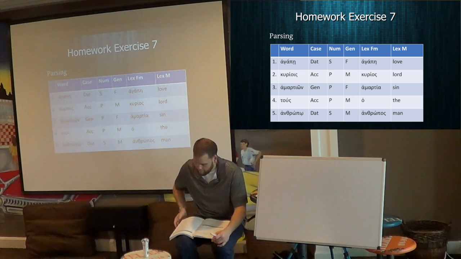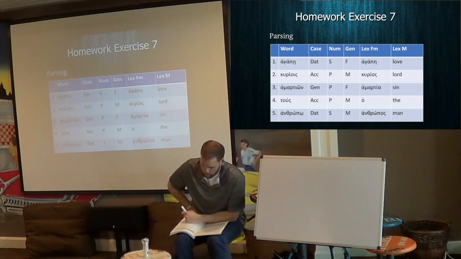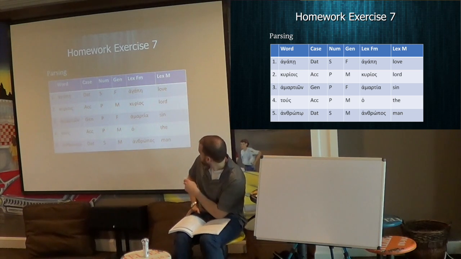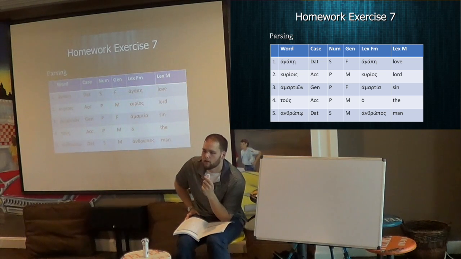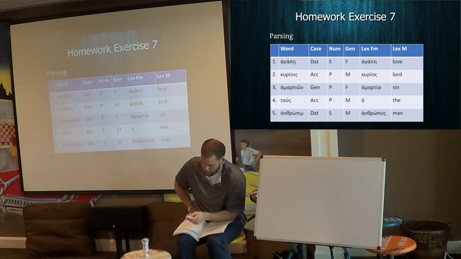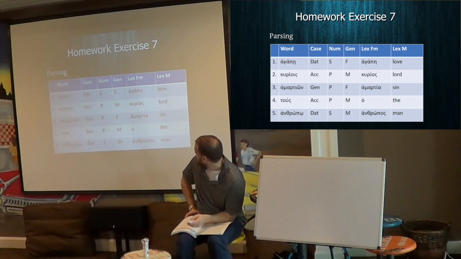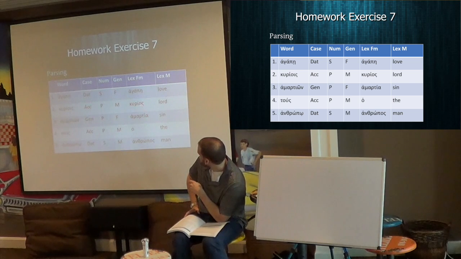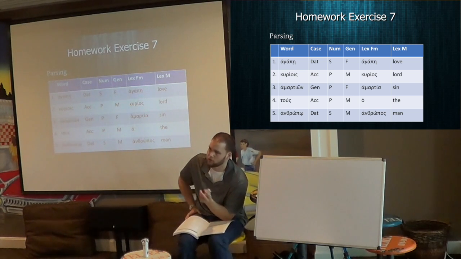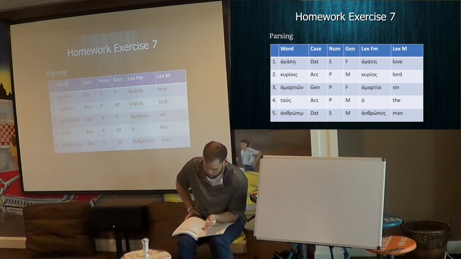And then the lexical form is kuros, like OIS for the ending. Close, flip them, kurios. Okay. Iota omicron sigma instead of omicron iota sigma. That's what I've written down. You said. Okay, yeah. And then, kurios. Lord. Lord, yeah. And you'll recognize that you'll have lots of os's and a's because those are the common masculine and feminine nominative endings. But let's go to number 3 is a good one too.